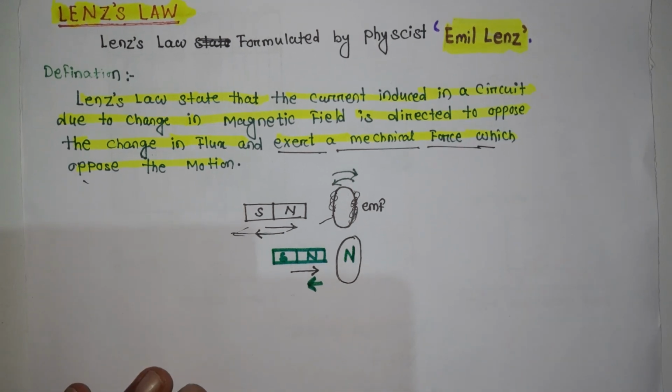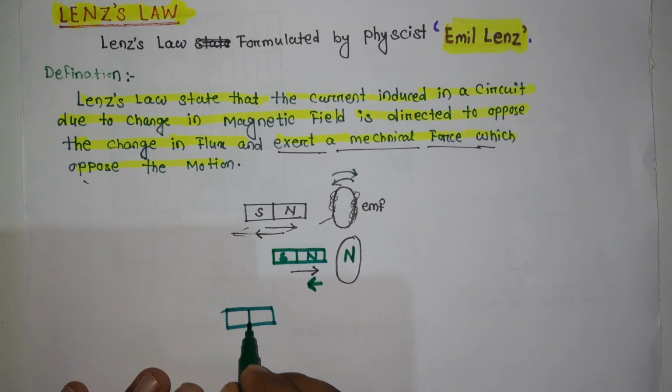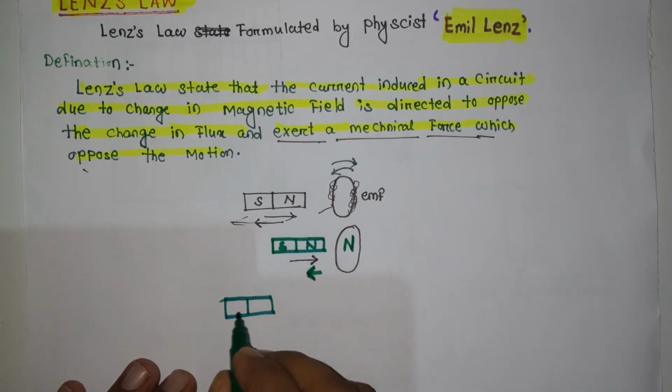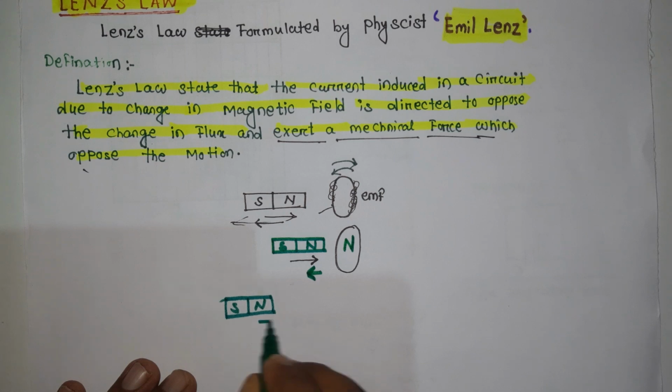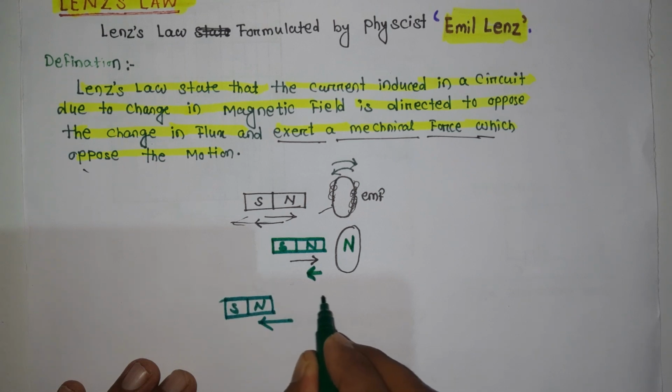Now let's consider that the magnet, with its north pole and south pole, moves away from the coil.